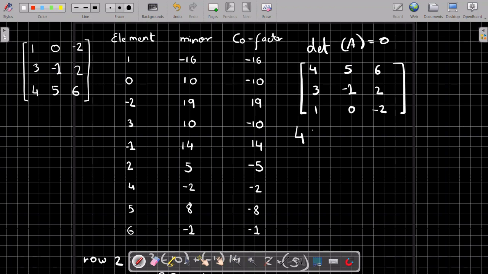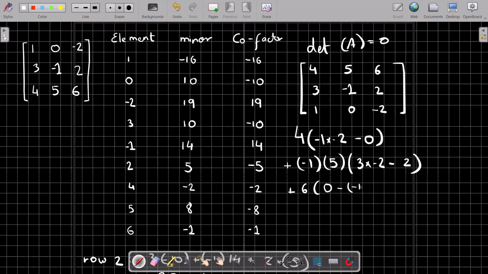4 into minus 1 into minus 2 minus 0, plus minus 1 times 5 times 3 into minus 2 minus 2, plus 6 times 0 minus minus 1.